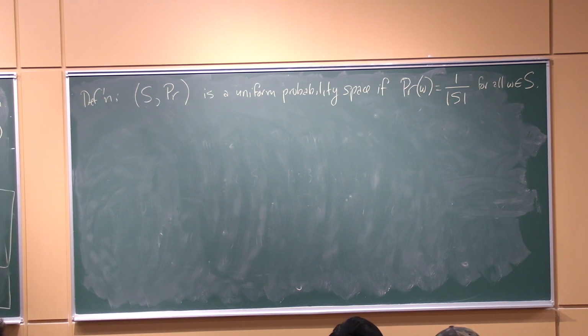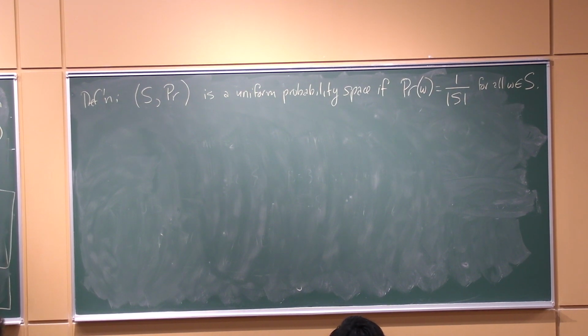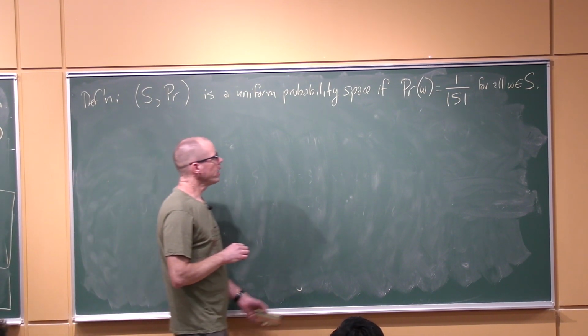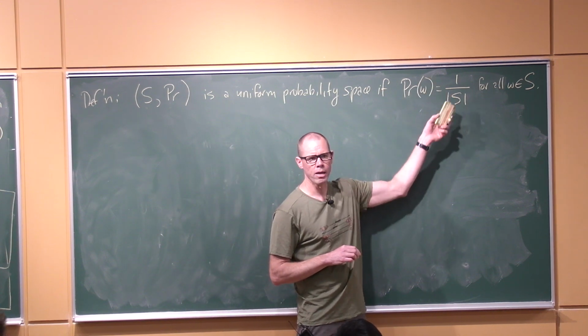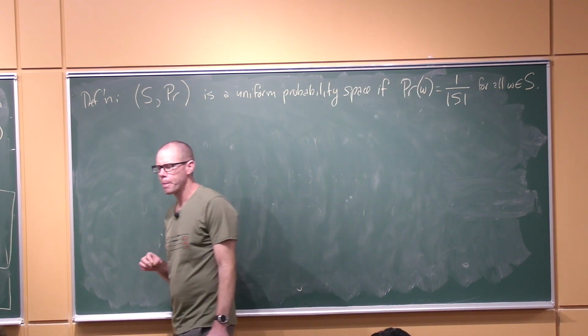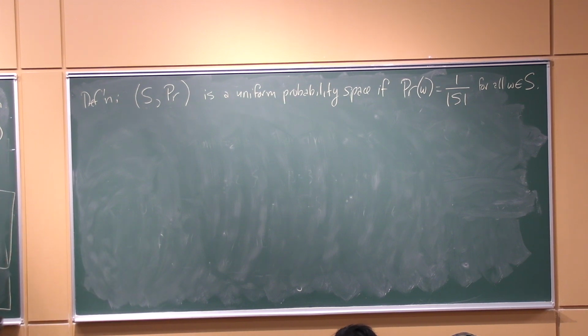So what this says is the probability of a particular outcome is the same as the probability of any other particular outcome. And we saw already, once you tell me that all the outcomes have the same probability, I know what the probability is.